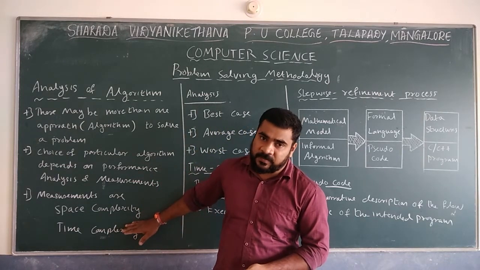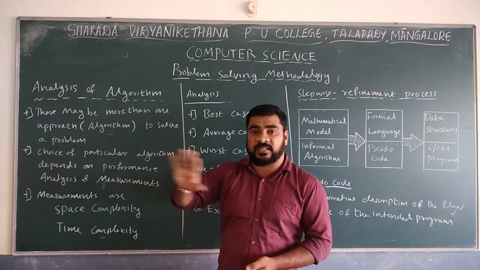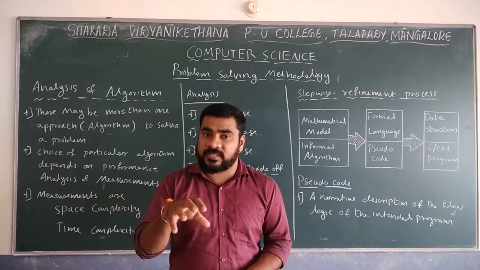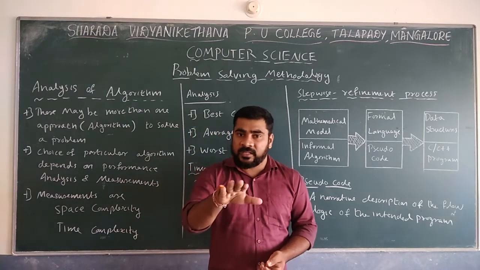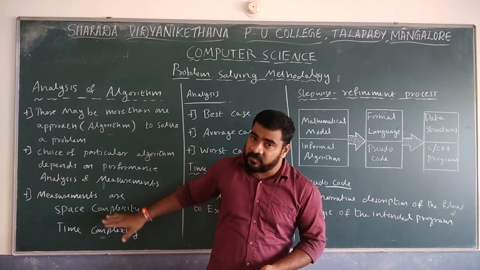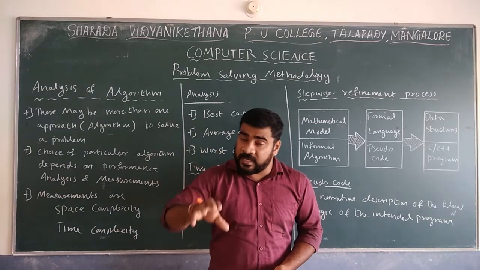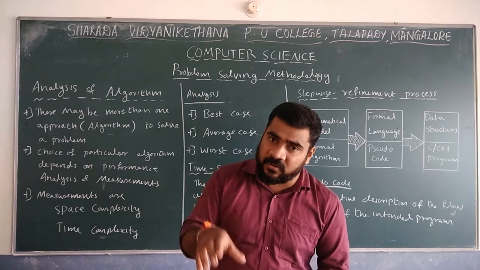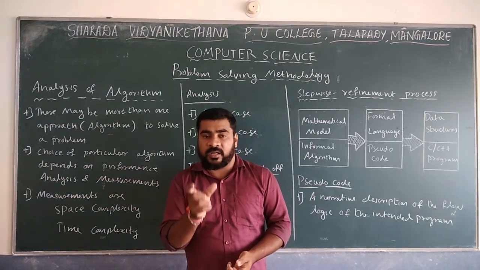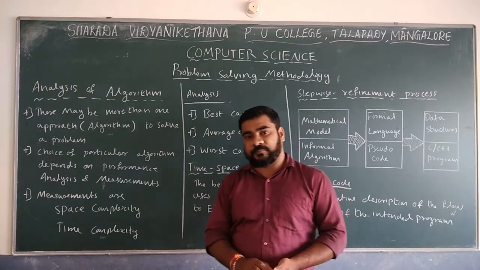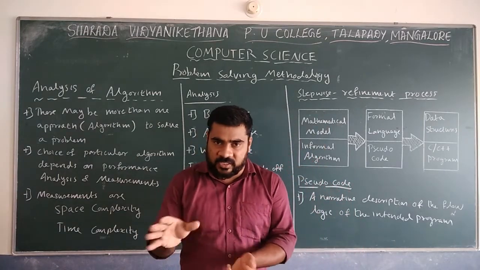The total space required to save and execute the algorithm, that is known as space complexity. Mainly, to save and execute, what total memory space is required? That memory space is known as space complexity.